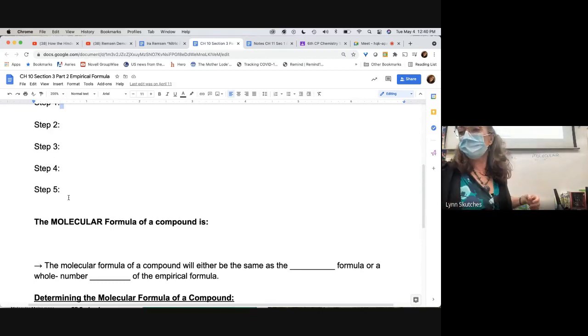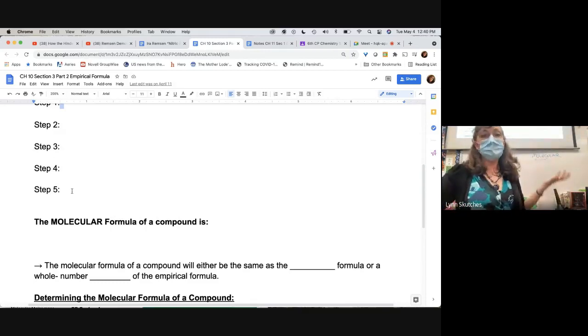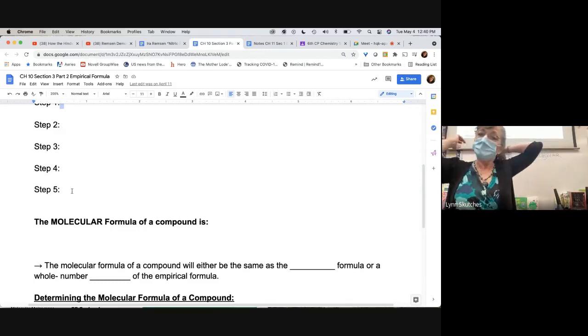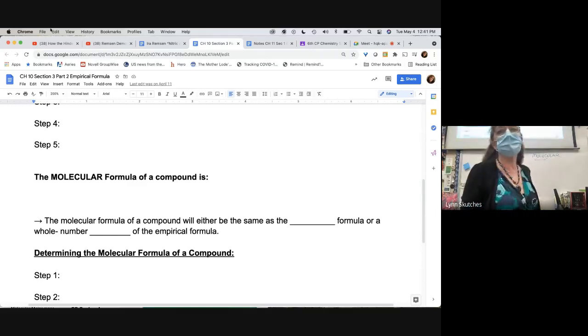Anybody help him out? The whole numbers become the subscripts. And that's our formula. So that gives us a count of how many atoms of each element should be in the simplest form. And remember, there's compounds that are multiples of the empirical formula. So that's where we're jumping in with molecular formula and our notes. So that was just a review of yesterday's stuff because it's kind of weird, I think.